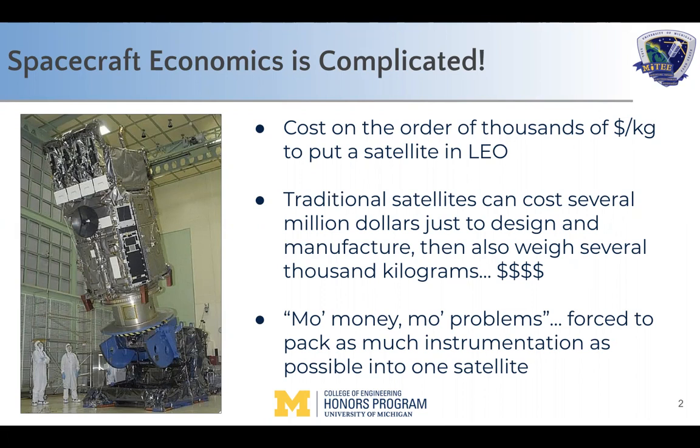Companies and agencies that are developing a satellite will want to get the most for their money, so they end up packing as much instrumentation as possible into a single massive satellite, so you don't have to produce multiple satellites because it is so expensive to do so. You'd rather just produce one. This has a couple of downsides for instrument principal investigators, as they have less flexibility choosing ideal parameters for their missions, and it also increases the complexity of the satellite as a whole significantly.